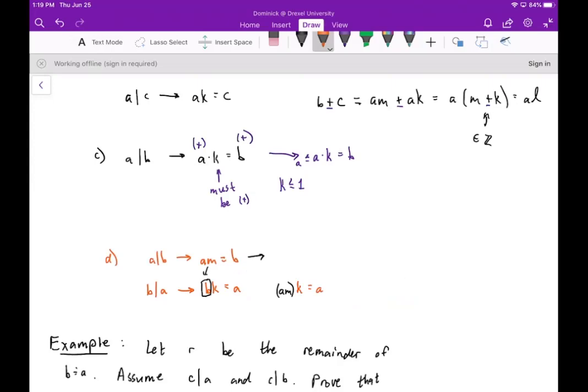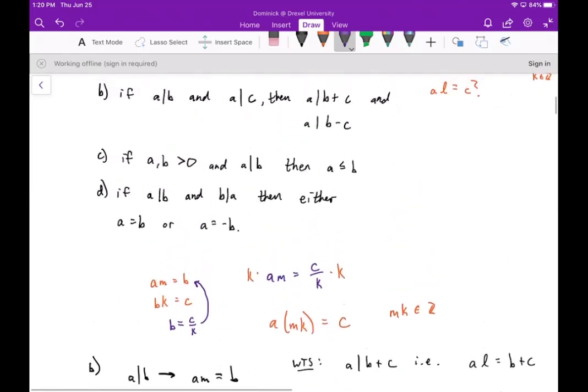Now, if I want to get A by itself, let's move the AMK over. And then we get that 0 is equal to A minus AMK. So then we can factor, and we'll get 1 minus MK times A.